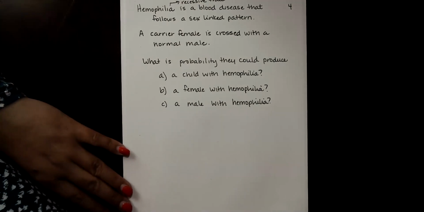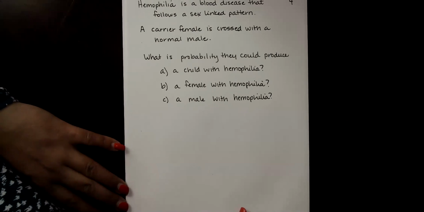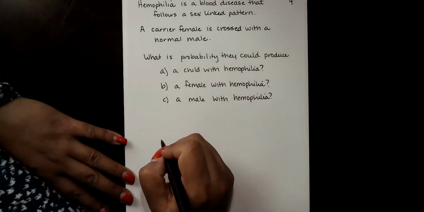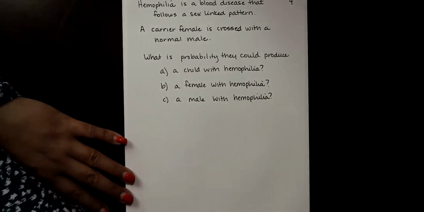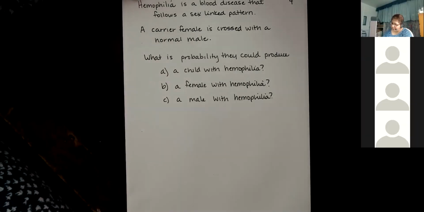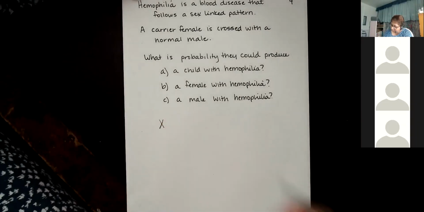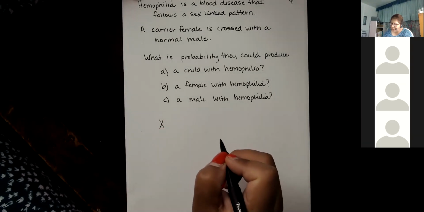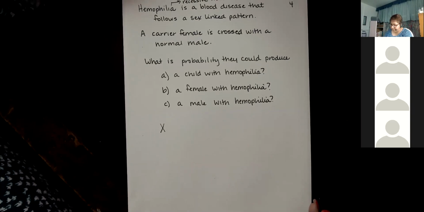So tell me, how did you solve this problem? What did you write for your female versus your male? How did you tell if they had hemophilia or not?